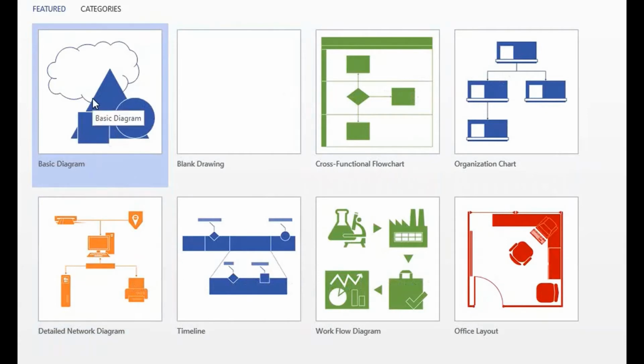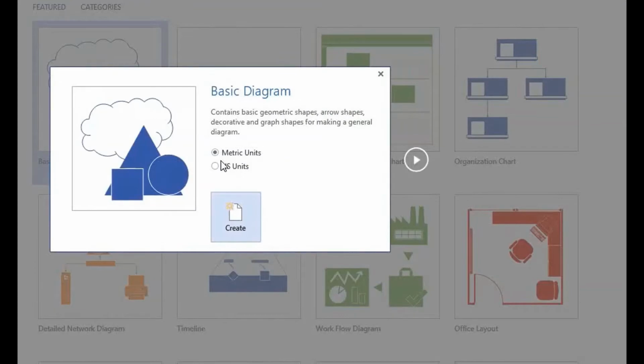I'm going to be using this basic diagram template to create our basic flowchart diagram. So I click on that and I am given the option to select the units that I want to use, and I'm going to be using metric units. I simply select create.